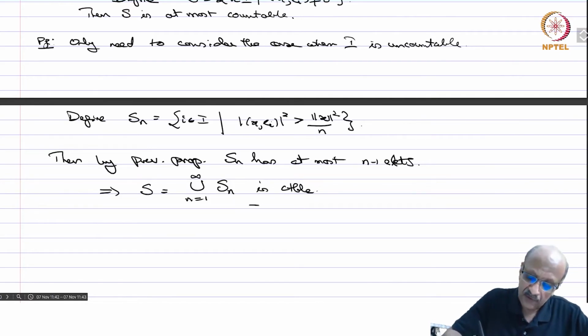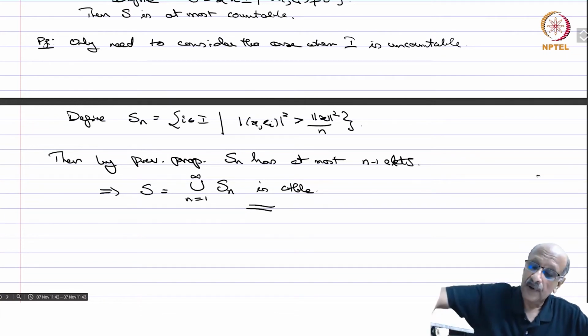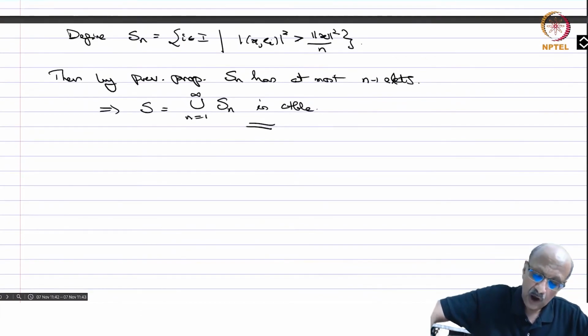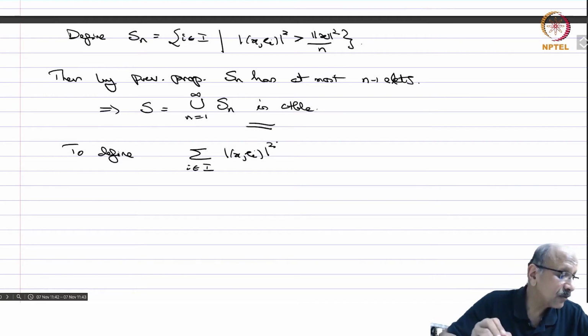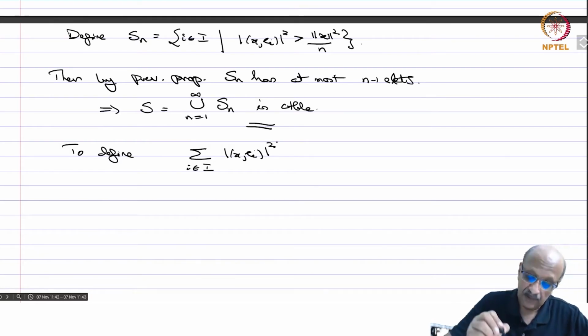Now this is very important, though it's a very simple proposition. It's a very important proposition because it tells you how to define the sum over i in I of mod <x, e_i> square. Okay, so we want to define this particular sum.